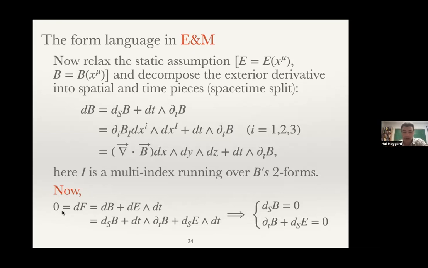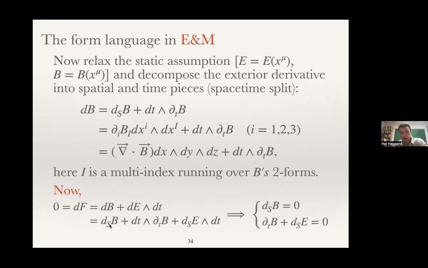So let's prove that. dF is just, by definition, dB plus dE wedge dt. But we can break up the exterior derivative into spatial and time pieces. On the E, when we break it up, there's the spatial piece and there's the time piece. But when we do the time piece, we'll get dt wedge dt, and the antisymmetry kills that term. So only the spatial piece survives. And then we just collect terms that have similar wedges in them.